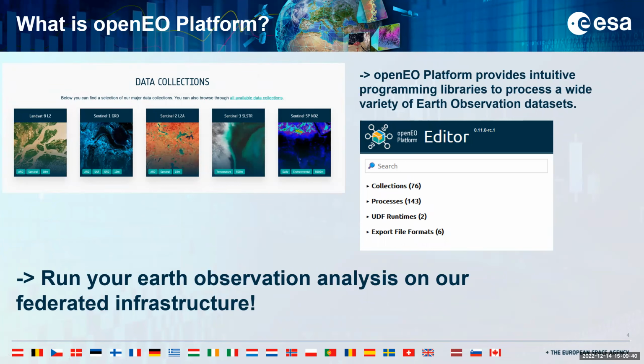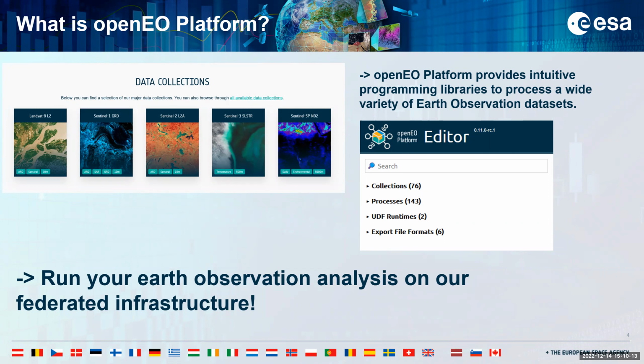So in the end, we provide with OpenEO platform an intuitive programming library to process a wide variety of Earth observation datasets. Currently there are 115 collections on the platform, and currently supported by 3 backends. But there are other backends around. You can check these on openeo.org.